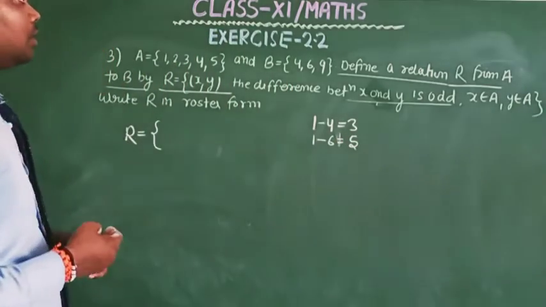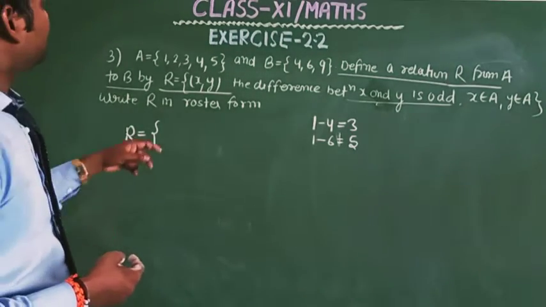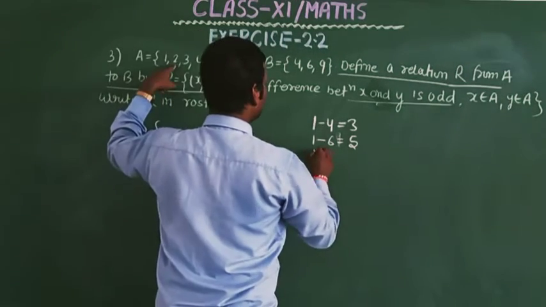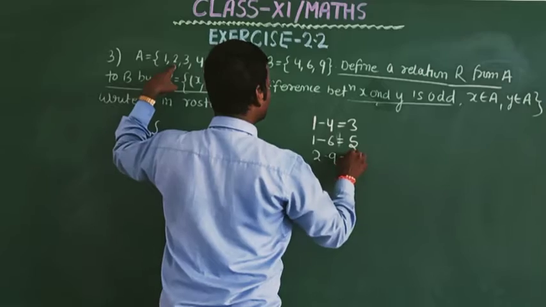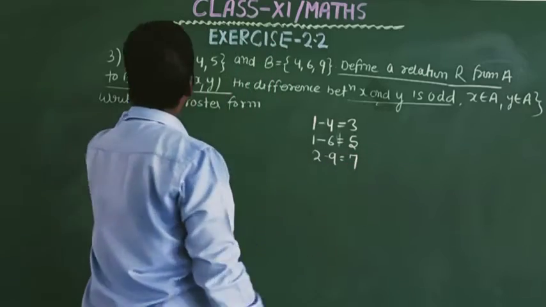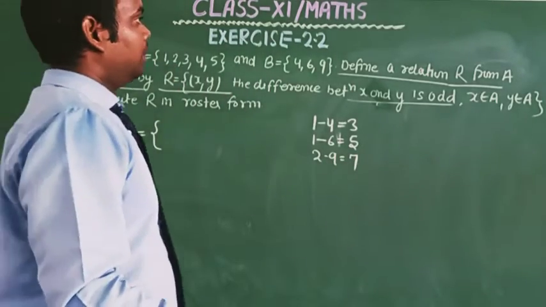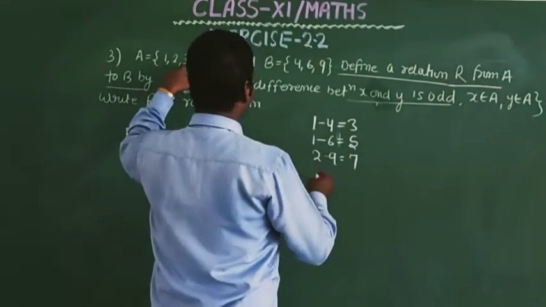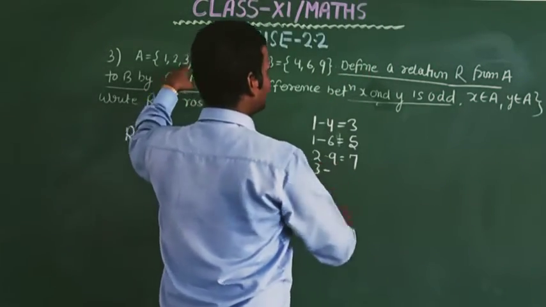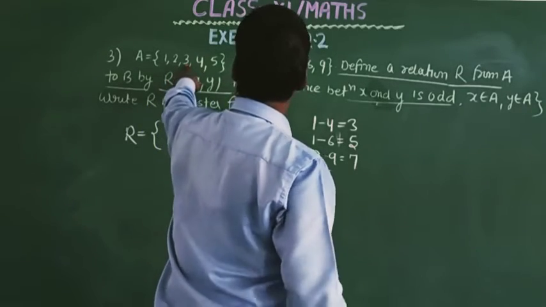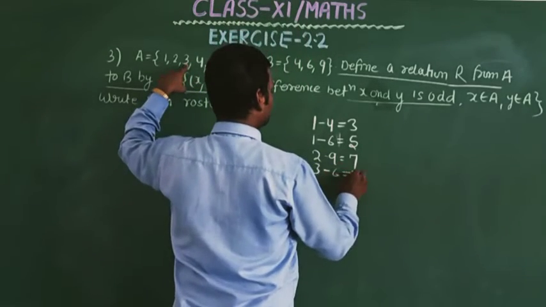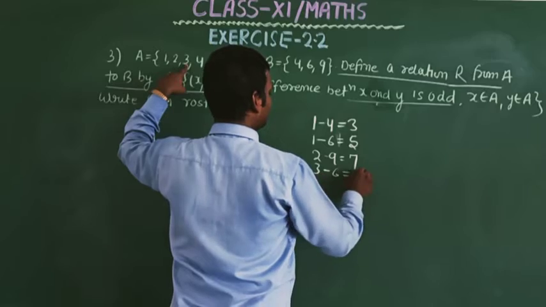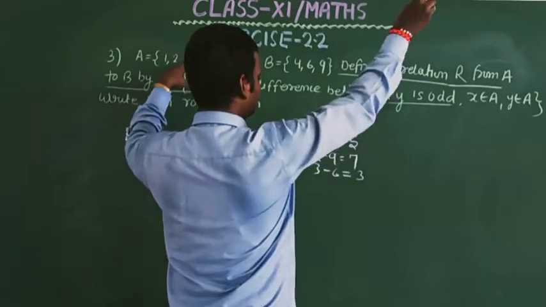Okay, next 2 with 9 equal to 7. And 3 minus 6 equal to 3.